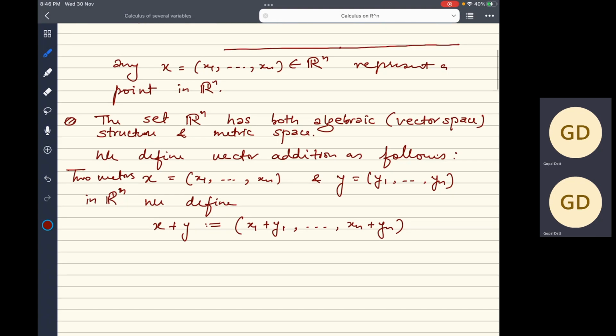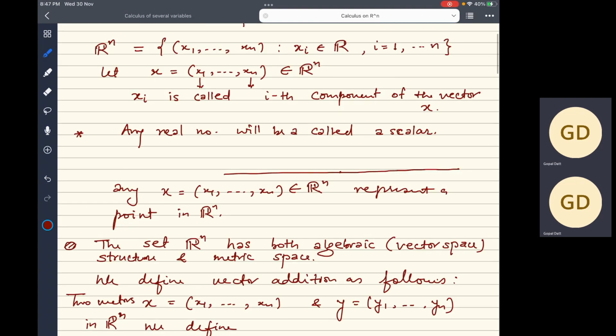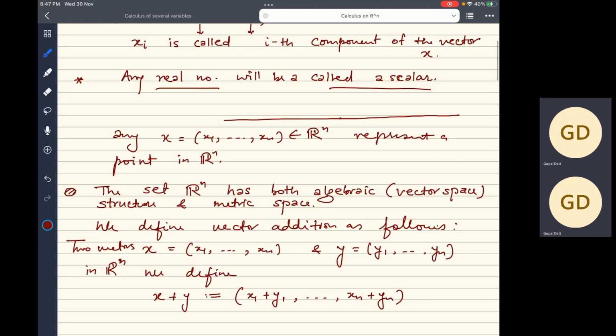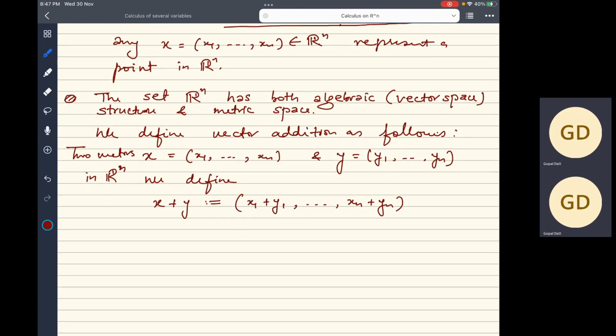How do we define scalar multiplication? As I said above, any real number will be called a scalar. So when I say scalar multiplication, this means we will multiply a real number to vectors.